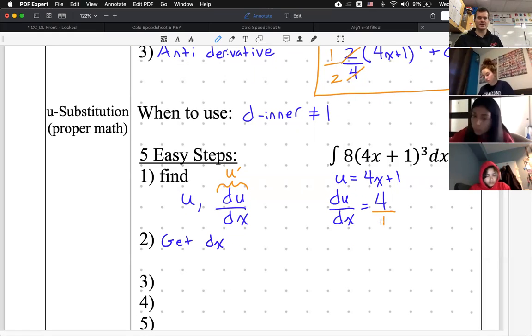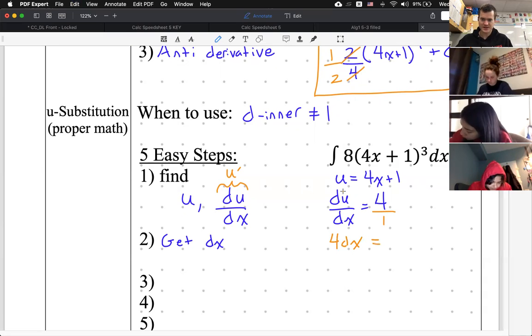Sure, 4 over 1, now it's a fraction. Cross multiply. So if I cross multiply, I'm going to do the bottom first because I want my dx on the left-hand side. It doesn't matter, but I just feel like the thing that I'm solving for, I like to have on the left-hand side. So dx times 4 is 4 dx. And on the right-hand side, 1 times du is just du.